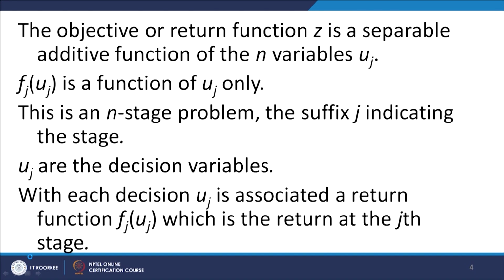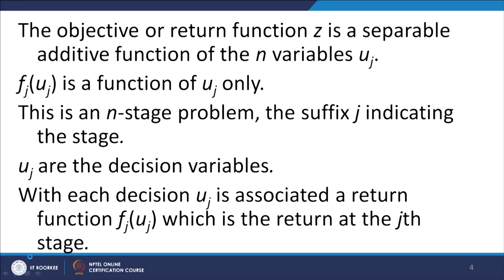Now the objective or the return function z is a separable additive function of the n variables uj, that is, fj(uj) is a function of uj only, just as I have explained, and this is an n stage problem. Why is it n? Because the number of decision variables is n, and the suffix j indicates the stage.